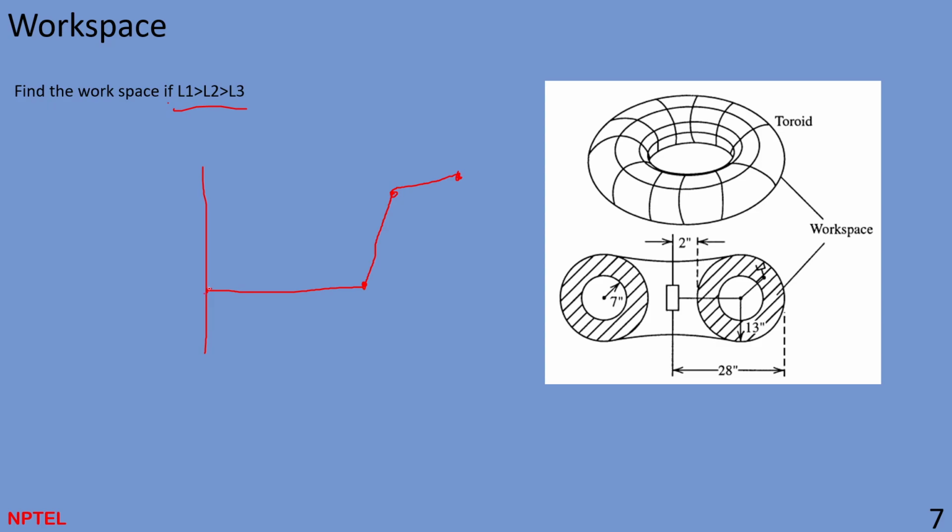When we want to calculate the workspace, we need to use theta one fully. How much can theta one go? Theta one can take values from 0 to 360 degrees, so it will cover something like a whole circle.